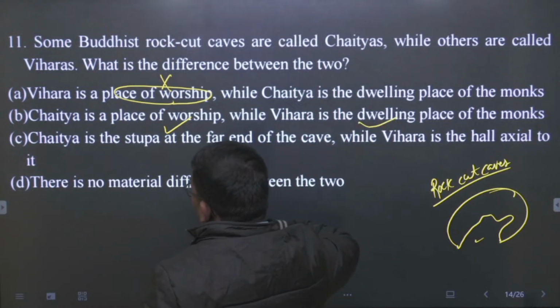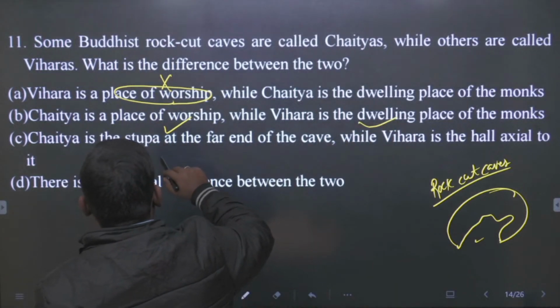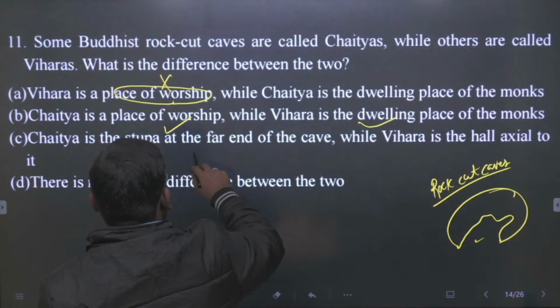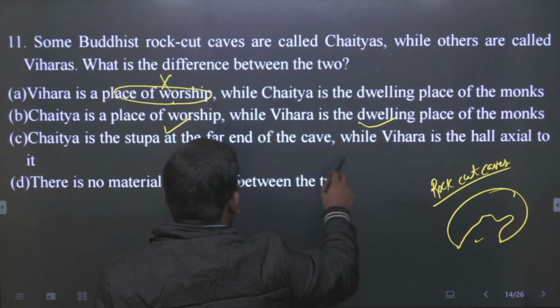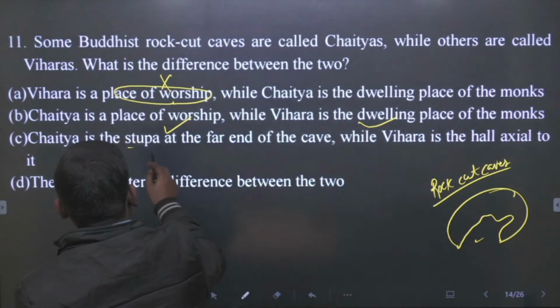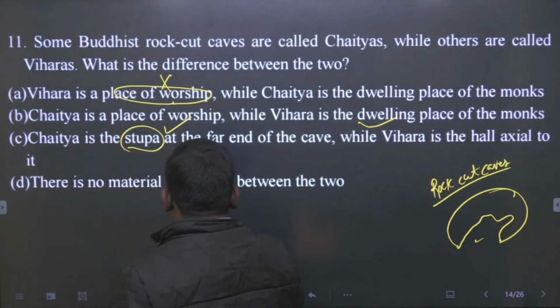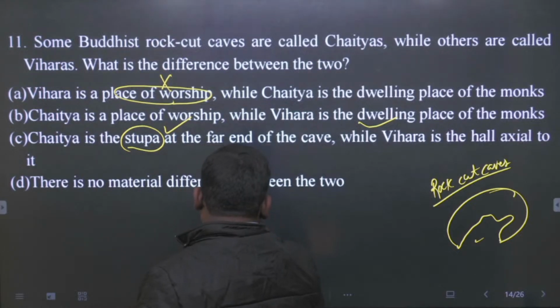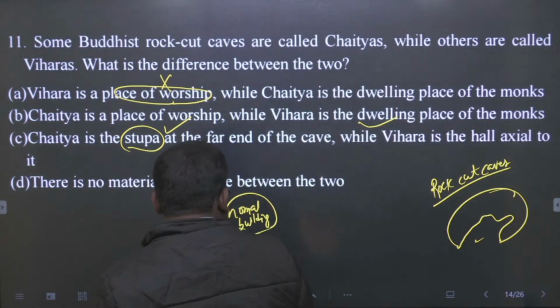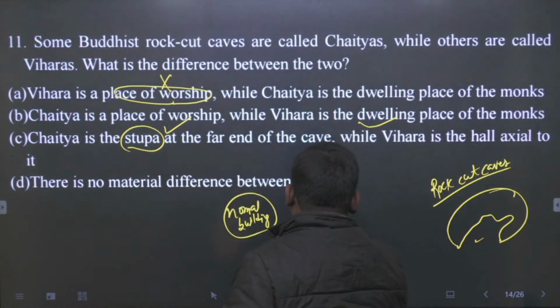Chaitya is the stupa at the far end of the cave, while the Vihara is the hall. True or false? See, if there is a normal building where the remains of a guru have been kept, that is Chaitya. So Chaitya is a normal house, okay.